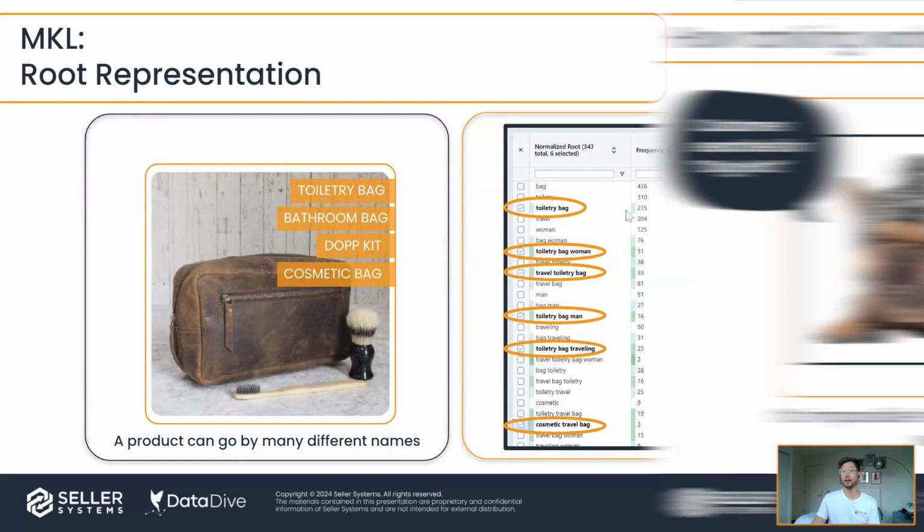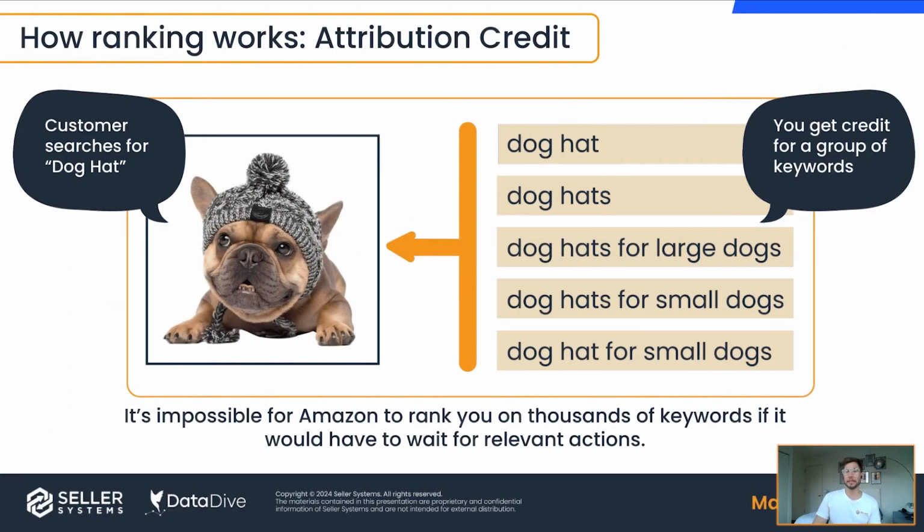You're able to get credit for all of those 215 keywords related to that keyword root. So if a customer searches for dog hat and those keywords are in your listing, you're going to be able to get credit not just for dog hat, but potentially multiple other keywords that are related to that keyword root. So it's really important to understand this breakdown of how keywords work on Amazon's platform.